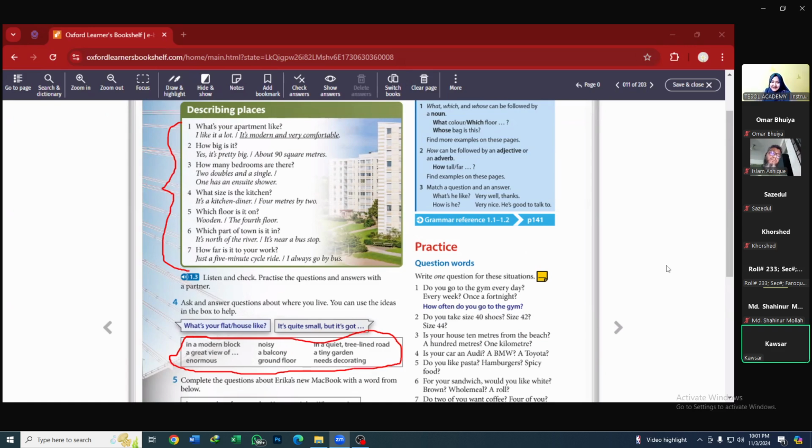Which part of town is it in? It is nearby the government hospital. How far is it to your work? Just a 2-minute cycle ride. Okay, great. Thank you so much.